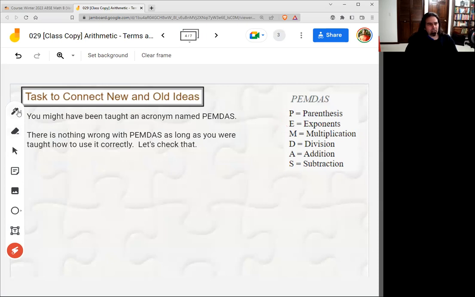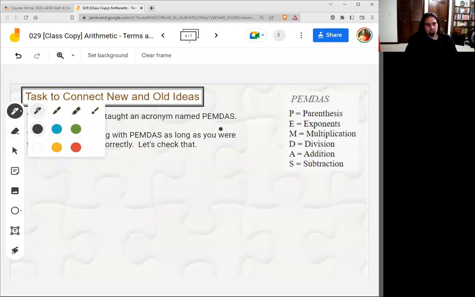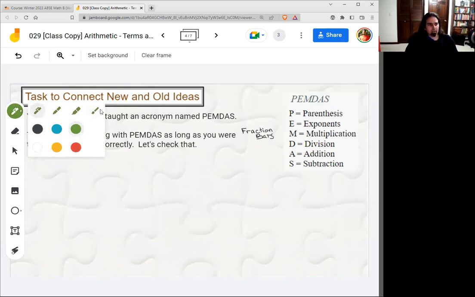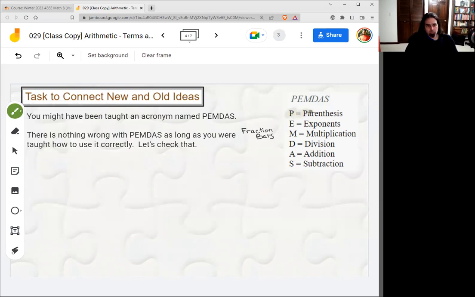And we've also seen that fraction bars are grouping symbols too. So they're sort of all one thing up at the top. They're the thing we do first. Parentheses, exponents, fraction bars. And they aren't really something that says do this. They're just saying this is sort of separate from other things.